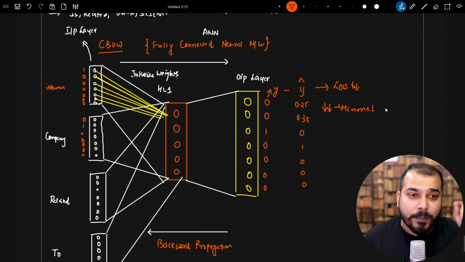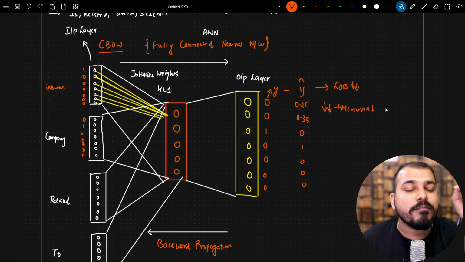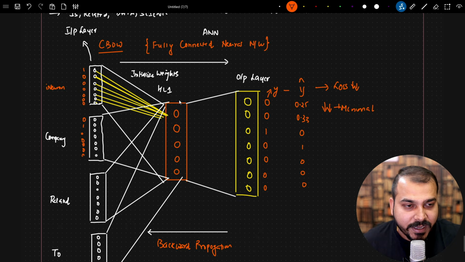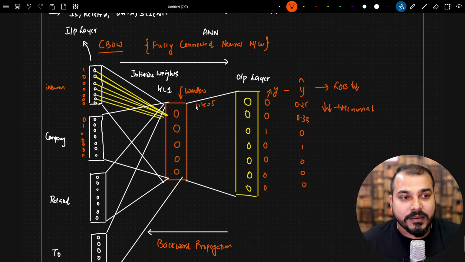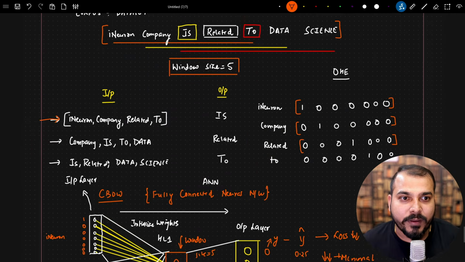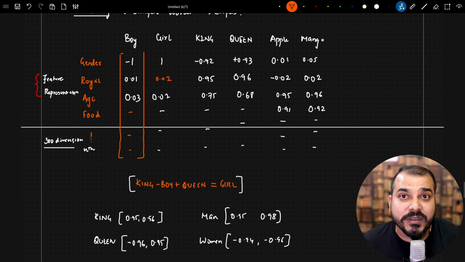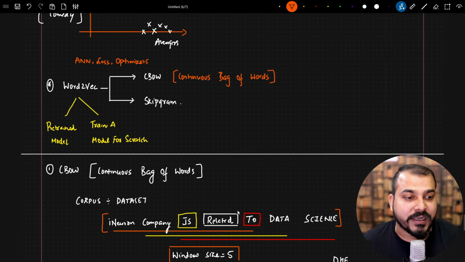Very simple. But now you really need to understand one very important thing. Since this is giving me a specific output, when I say my middle layer is a window size of 5, that basically means in Word2vec, when I said I will be getting 300 dimensions when I'm using Google Word2vec, this is all because of this window size.